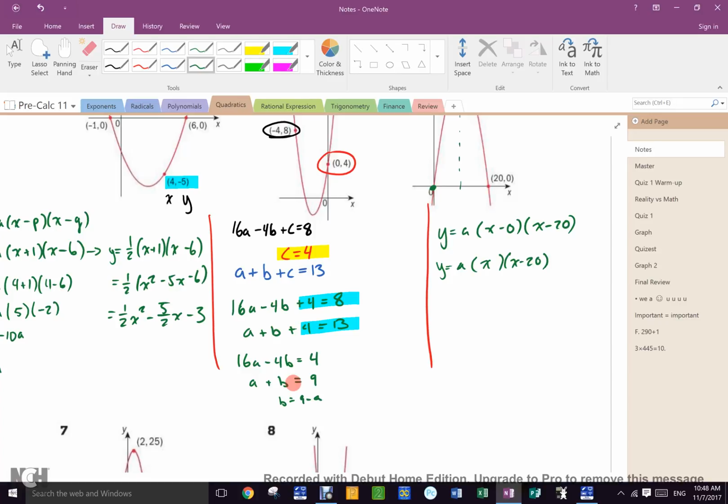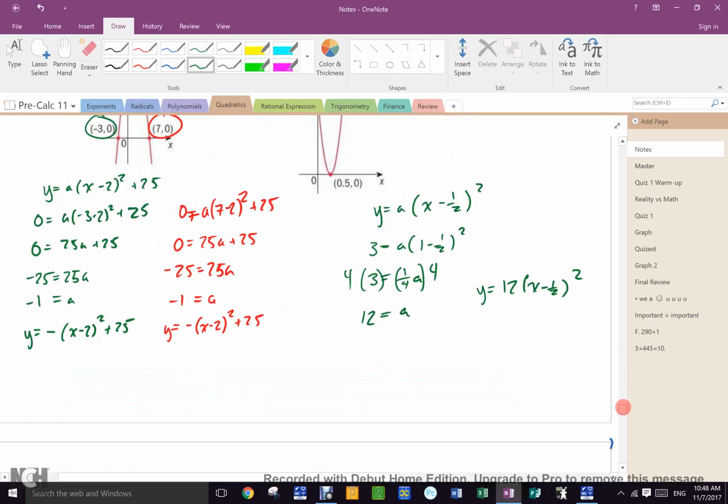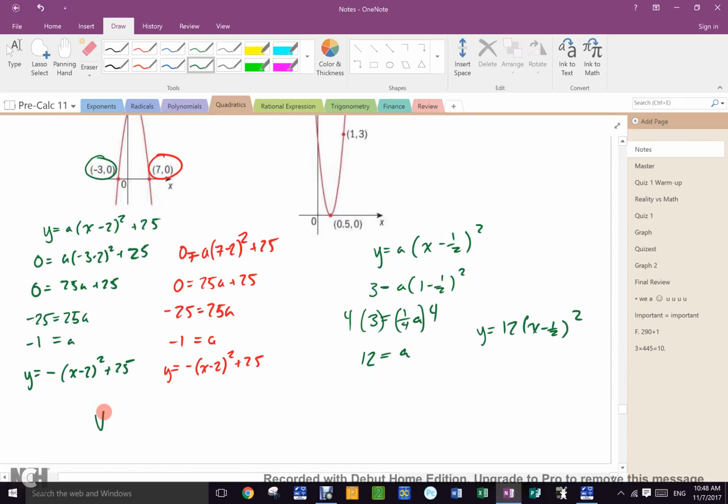So, what did we take away from today? We should take away this. Vertex form, root form, standard form. But if I have 3 points and those points don't fit into any of these, I gotta use a system.